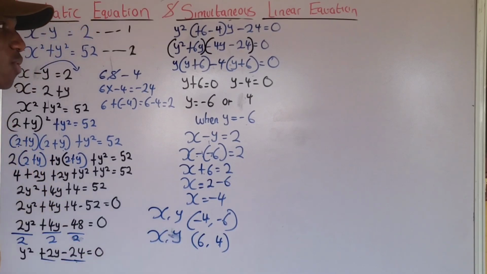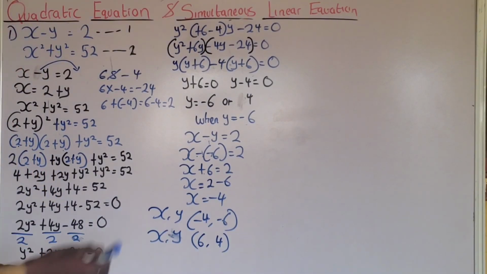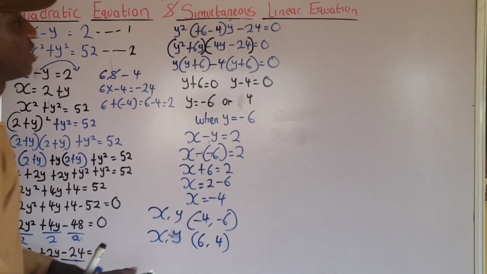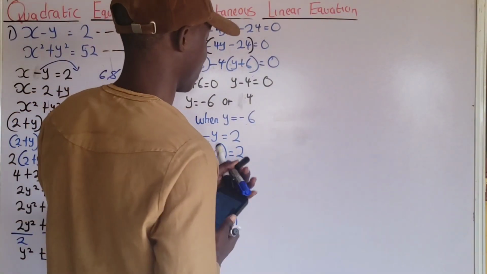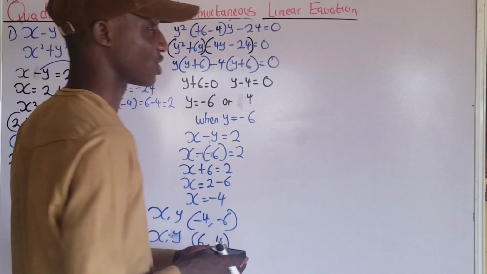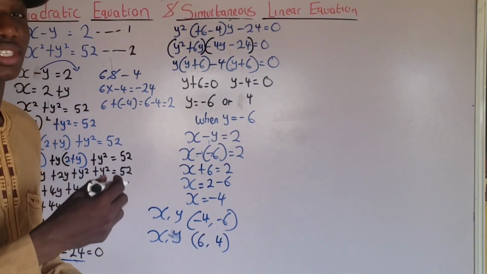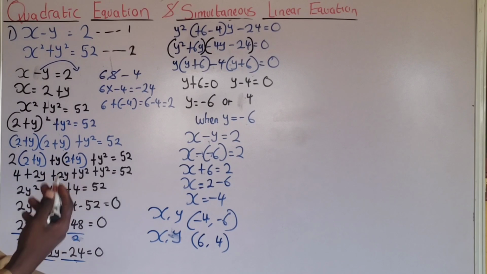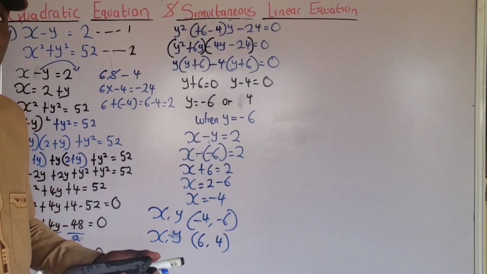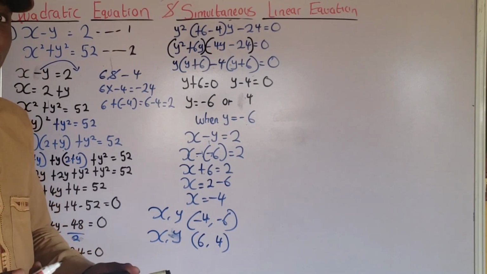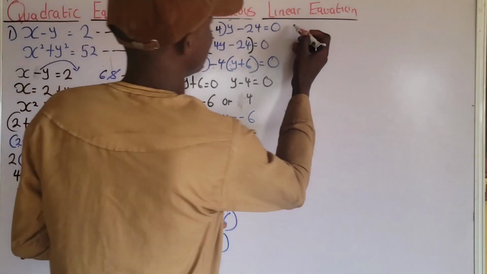Okay, so I have 6, 4. Now let us approach the question using another method. Okay, second method. All you have to do is just to pay attention. The reason why I want to teach you the second method is that you might find the second method simpler compared to the first method, so you just have to choose by yourself which method you know. Okay, so let's proceed. The second method.